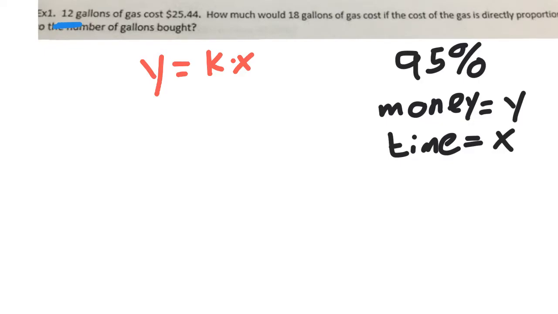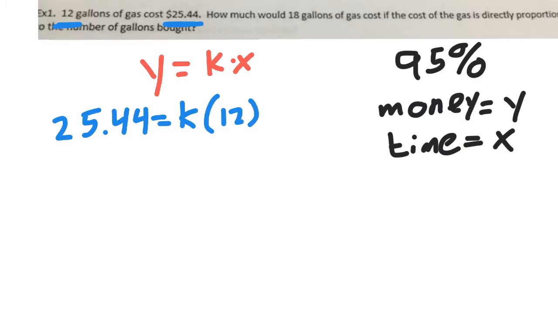So in this one, we have a money value. In our first equation, we know that y equals kx, and we know we're dealing with 12 gallons costing $25.44. So our k, the thing we don't know, is the price per gallon. We can find that out by substituting in. I'm going to let y be equal to the money. So $25.44 is equal to k times x, where x is the number of gallons, which is 12.